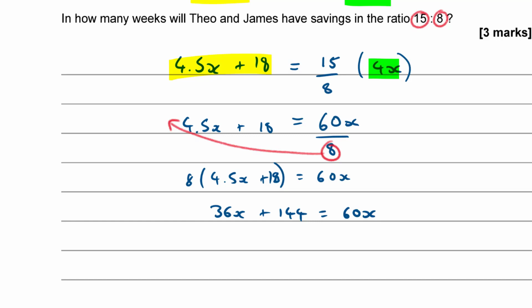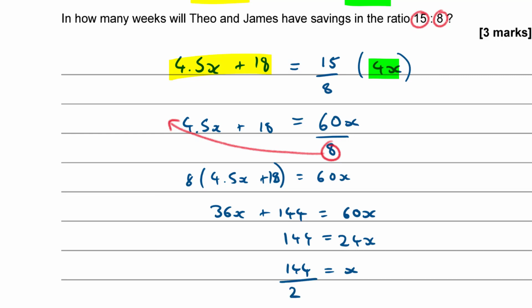Let's subtract 36x from both sides. That leaves me with 144 on this side and 60 subtract 36, 24x over here. Then divide both sides by 24.